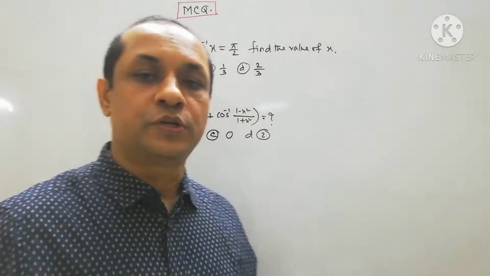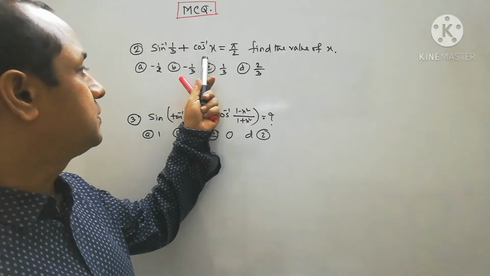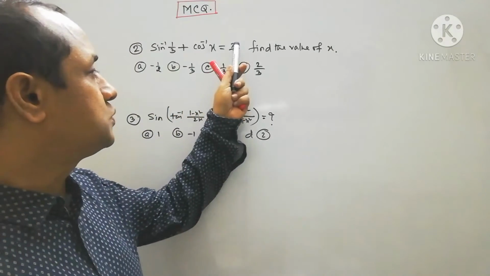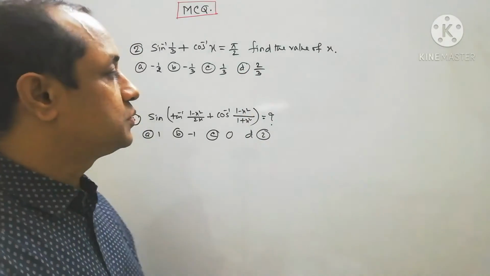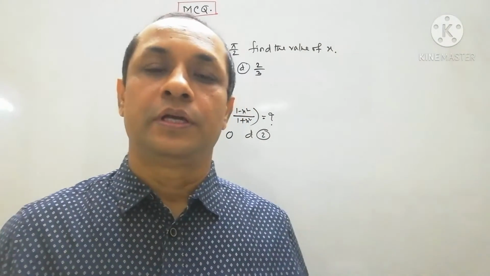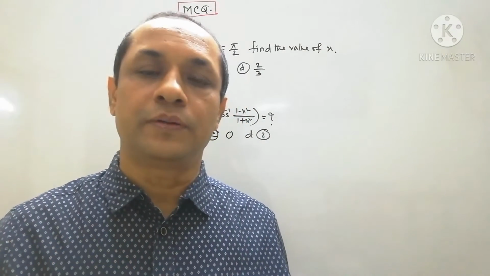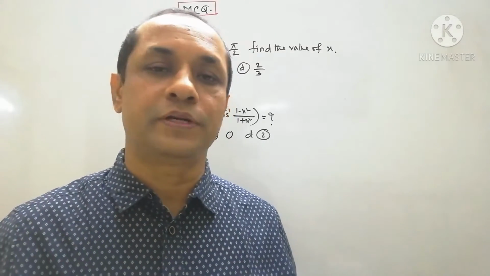Students, question number 2. Sin inverse 1/3 plus cos inverse x equals pi by 2. Then find the value of x. So students, memorize it. We know you have learned the formula: sin inverse x plus cos inverse x equals pi by 2.